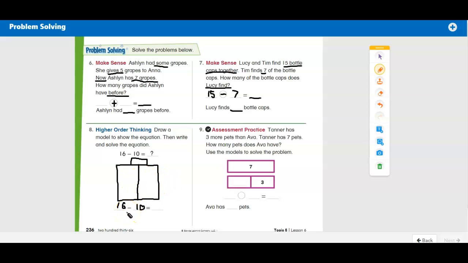Look at the equation and determine which is your whole, which is your part, and what are you missing? Again, you can draw a model like the one I drew here, or if you want to draw a different one, like the model on number 9, you can also do that. So solve for 16 minus 10. Use your model to help you.